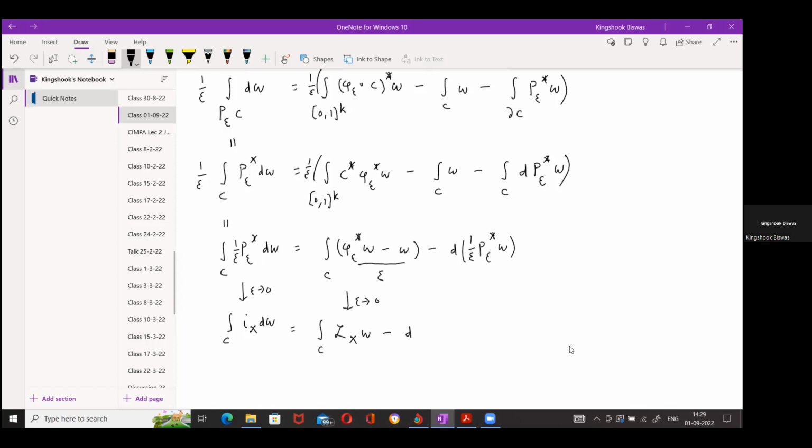So this becomes minus d of Ix omega. All right. So now this is true for all singular k cubes C.